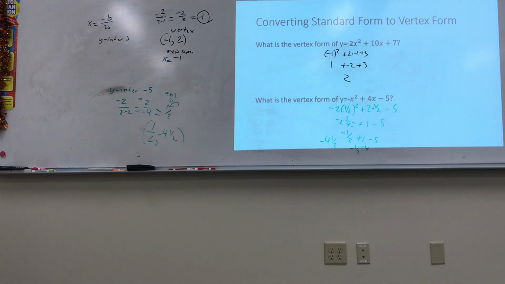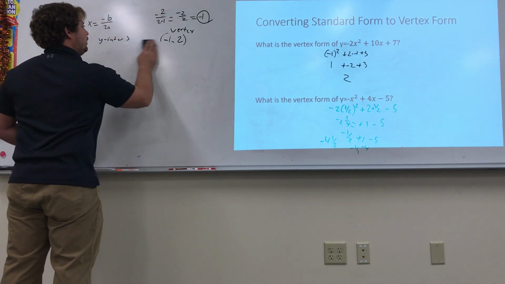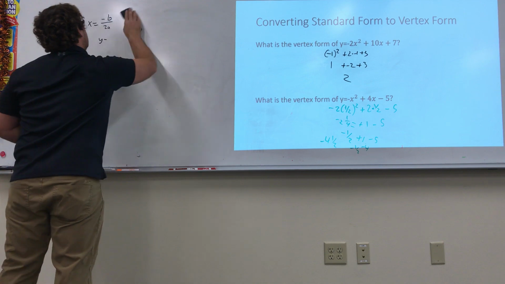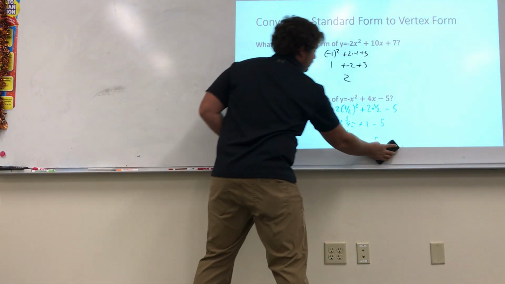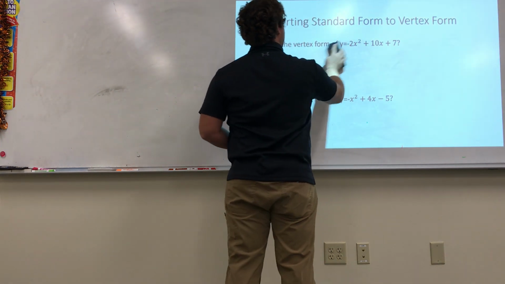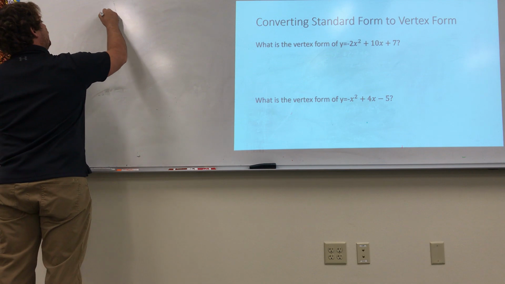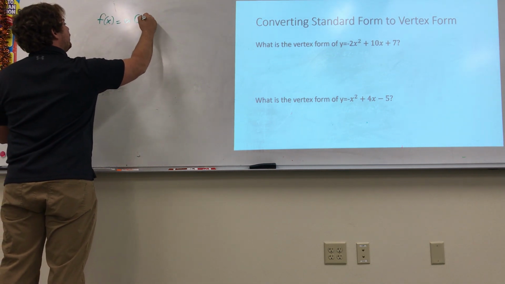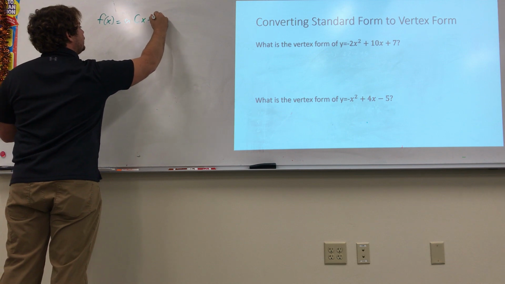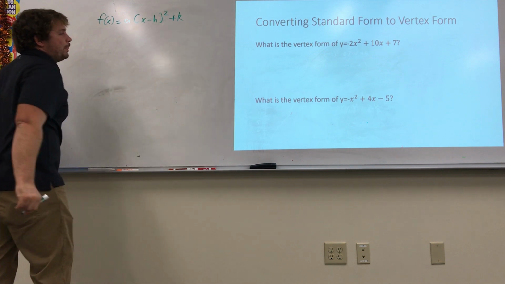What is the vertex form of this? Yesterday we were working with vertex form, which means that we have to get our function in f of x equals a times parenthesis x minus h squared plus k.